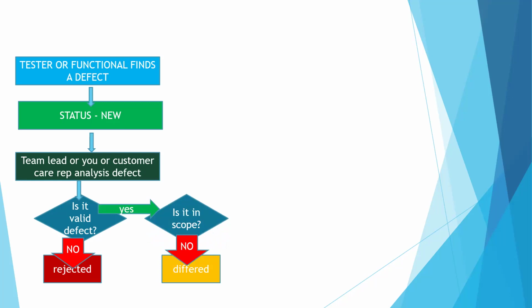For example, they raised one defect on the mobile solution: we're not able to create a sales order, and we're not able to get the availability check functionality over the mobile. Okay, you developed an application on mobile. You are able to punch the sales order.